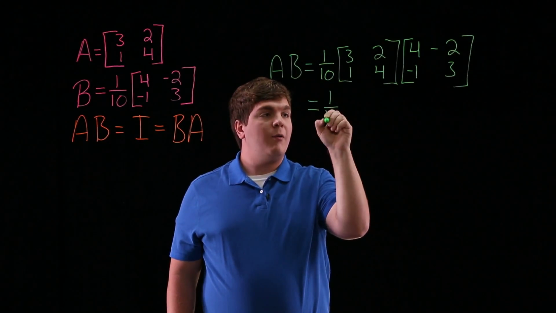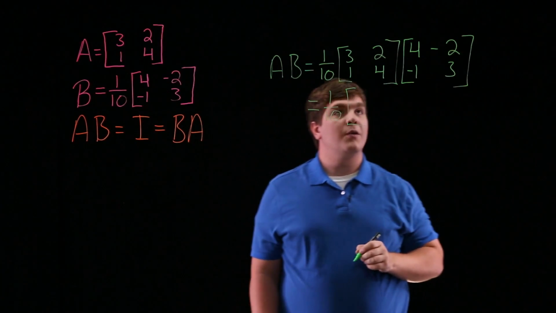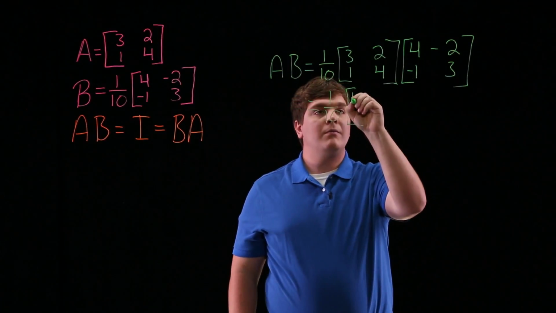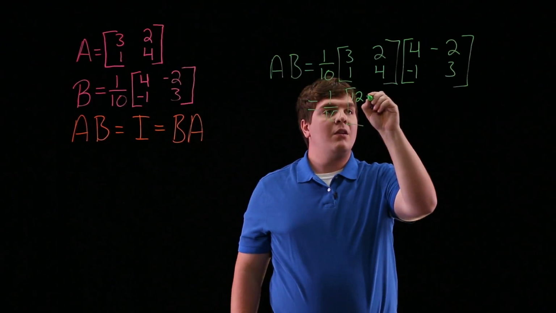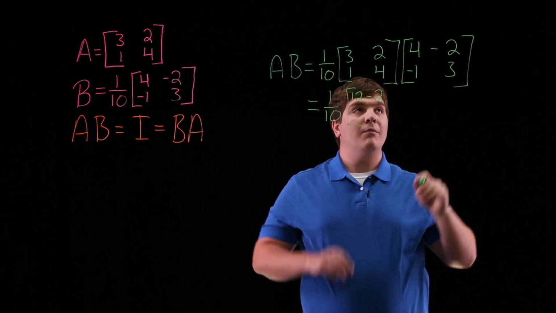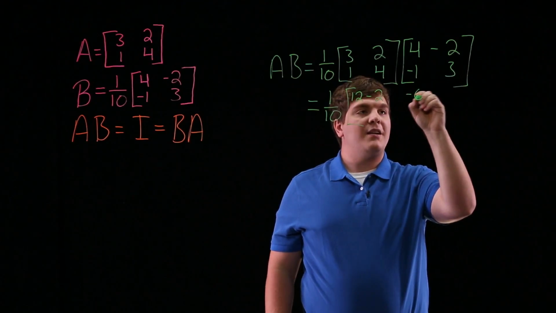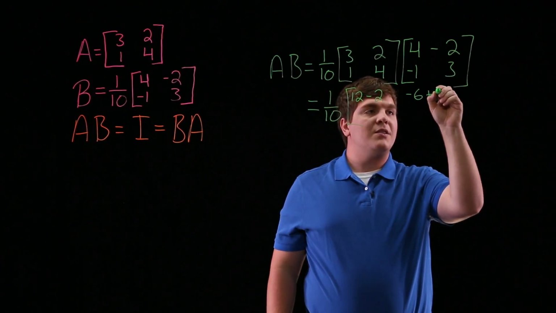So now we'll go ahead and multiply our matrices. In the first row, first column, we'll have 3 times 4, which is 12, plus 2 times -1, so -2. In the first row, second column, we'll have 3 times -2, which is -6, plus 2 times 3, which is 6.